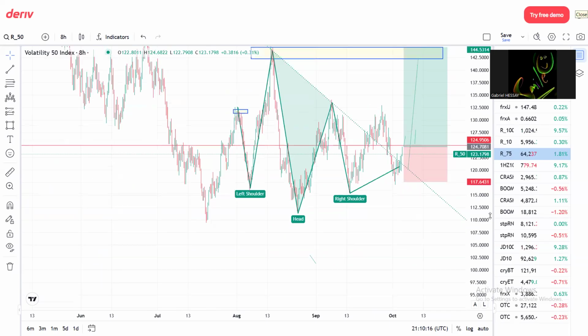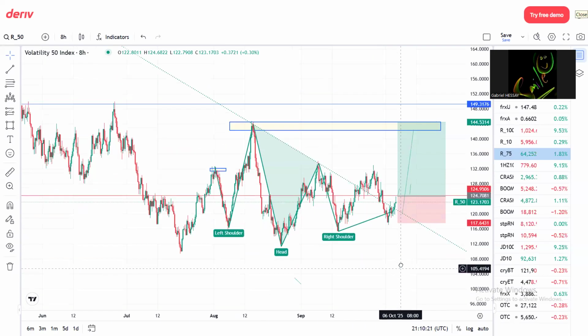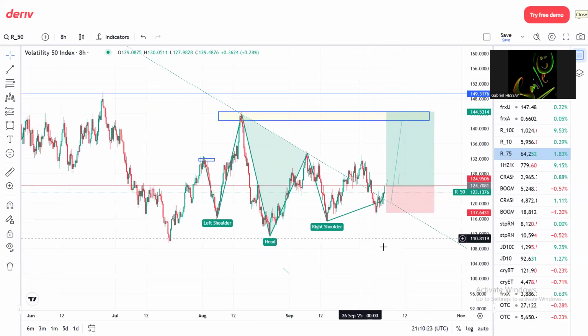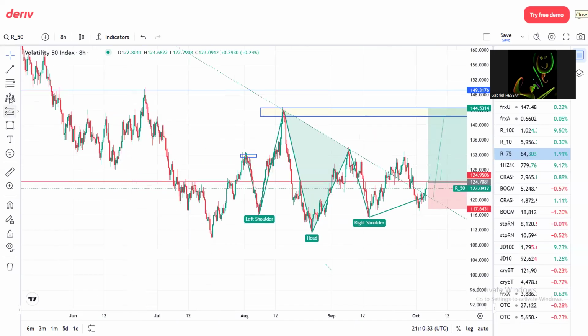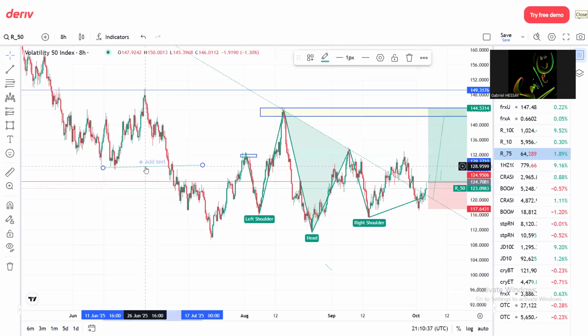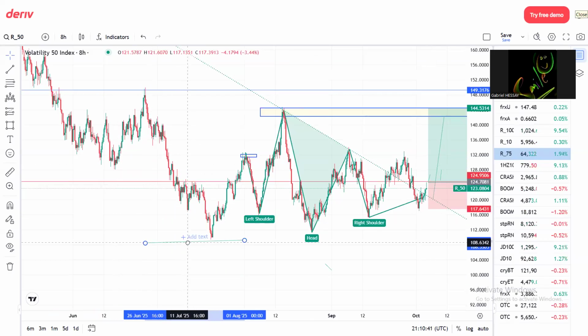Okay, so we can also view it from this perspective. Generally we are in a bearish market. So if this is the case, then we can be expecting that taking out this low as a break of structure to the downside is a liquidity grab down below here.